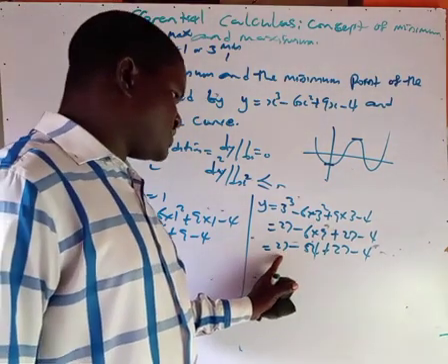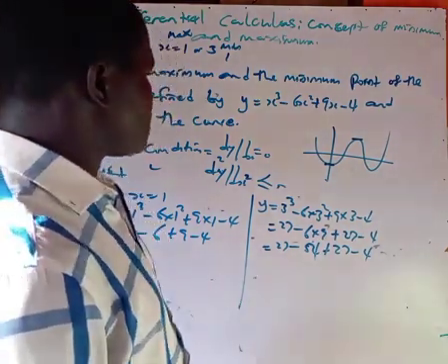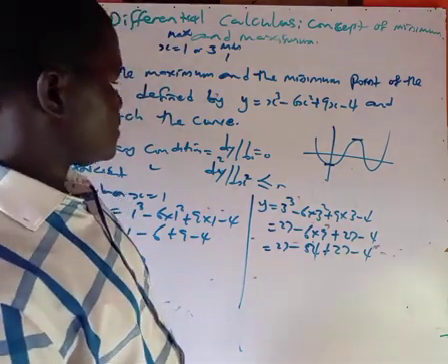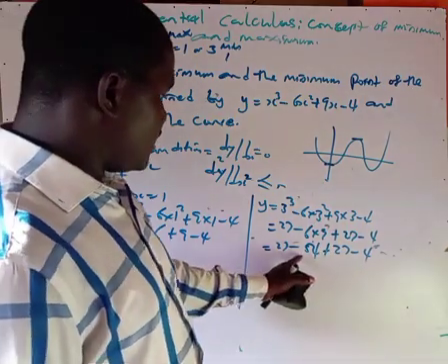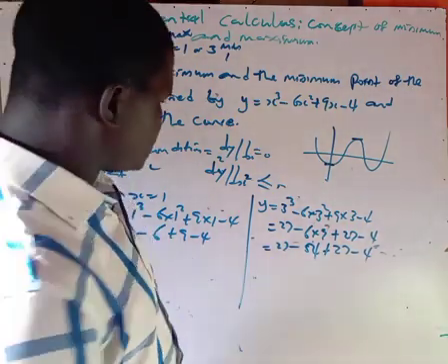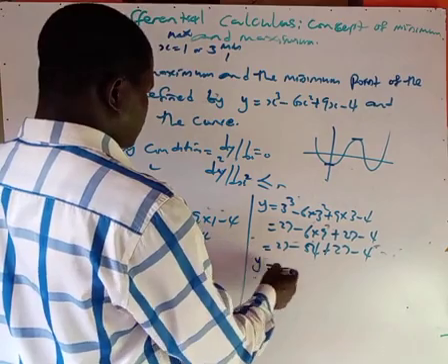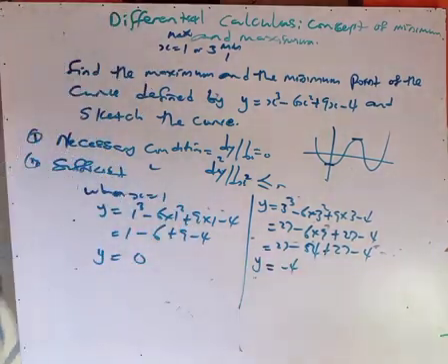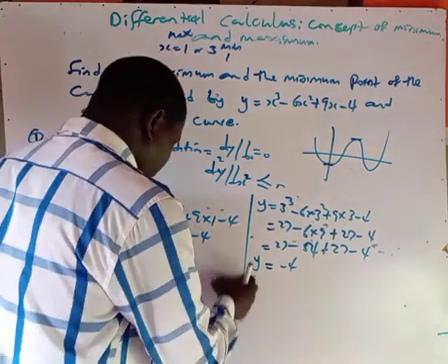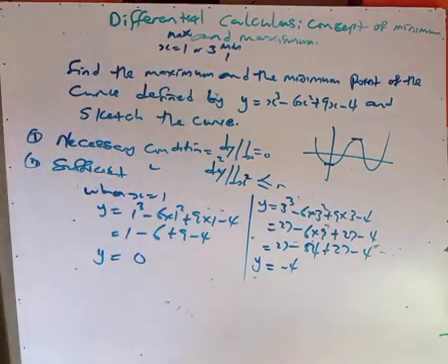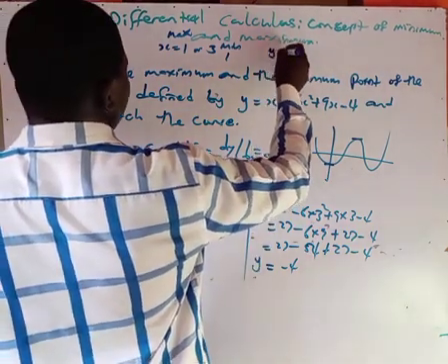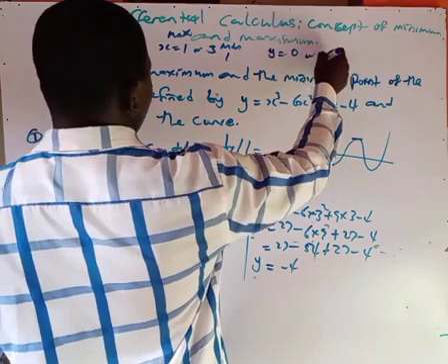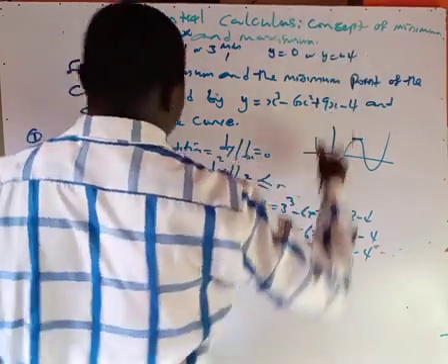So 27 plus 27 is 54, and 54 minus 54 is 0. So y will equal minus 4. So that will be the value of y at the minimum. Then here you will have y equal to 0 or y equal to minus 4.